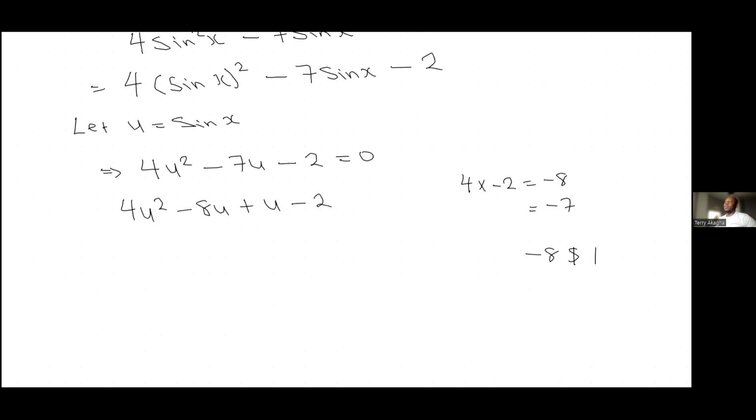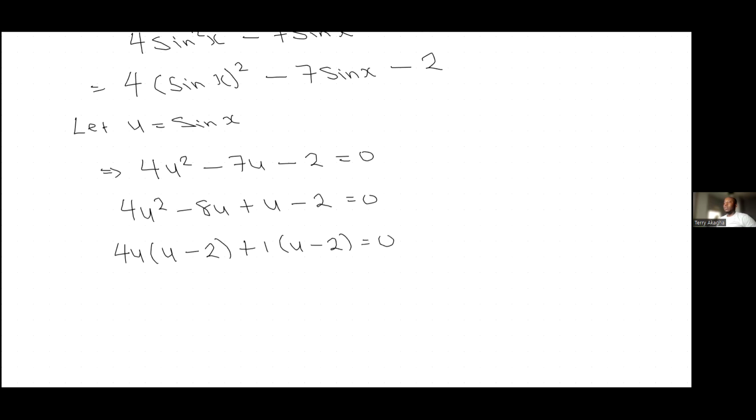Like I said, you can use any other methods. I noticed that most students prefer the quadratic formula. So feel free to use it. Then we're going to factorize this. So we have 4u common here, and you have u minus 2. What is common between both of them is 1, and we have u minus 2 equal to 0.